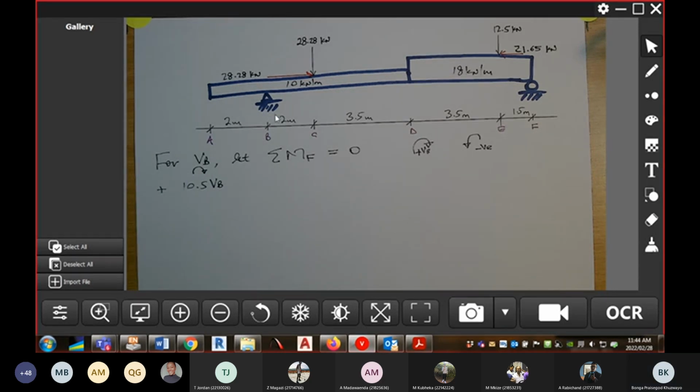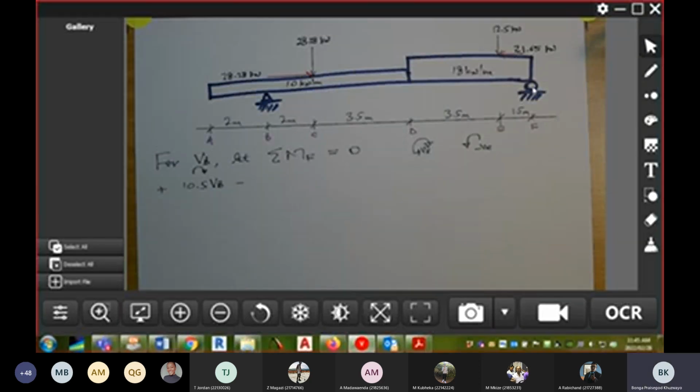And then the question I want to ask now is, do we have any other force that is causing clockwise rotation about node F? The answer to that is no. So the rest are going anti-clockwise.